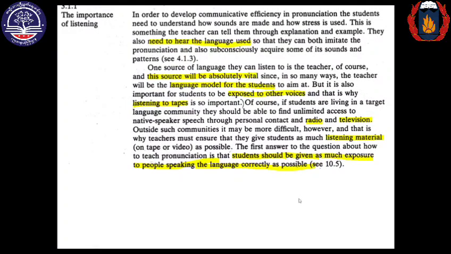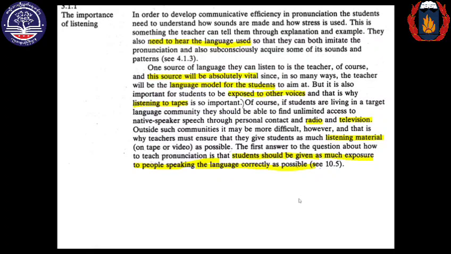We need to hear the language. If we hear the correct pronunciation, we can imitate this correct pronunciation. Okay. So what should we listen? According to this slide, what should we listen?